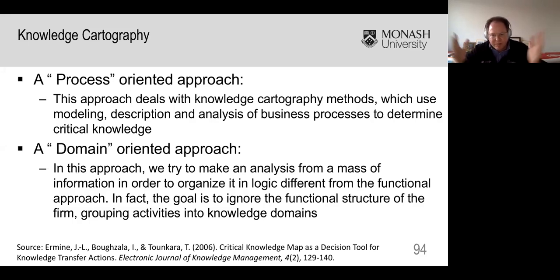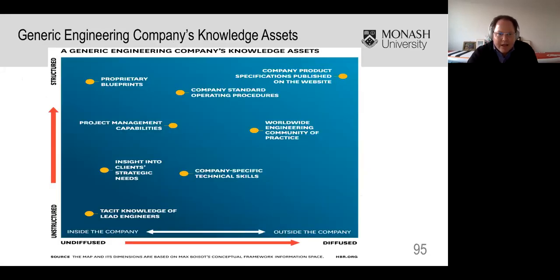So this could be thematic, or depending on how you need it, structured around process stages. This is normally goal-oriented, so it ignores the functional structure of the firm, grouping activities or knowledge domains. I mentioned already a few, so it really depends how you want to tackle this.